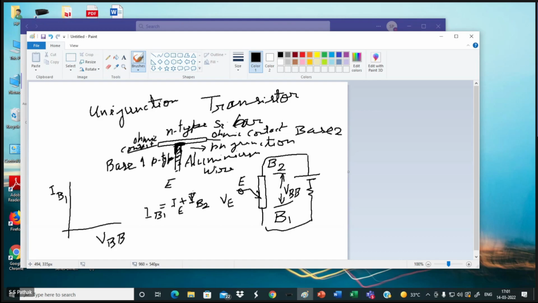So in IB1, IB2 is already incorporated. So I will be doing the analysis with respect to IE and IB1 by changing the voltage VBB. So it will be exhibiting a negative resistance. We'll try to see how it gives that negative resistance.